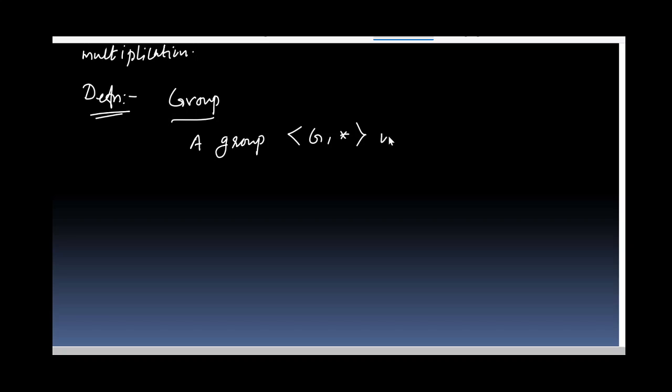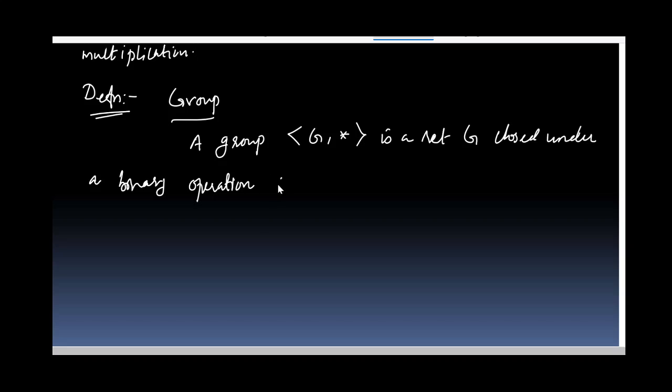Next we are moving to the definition of group. A group (G, star) is a set G closed under a binary operation star such that the following axioms are satisfied.